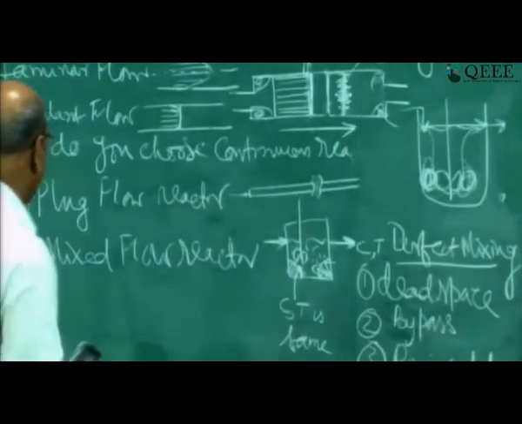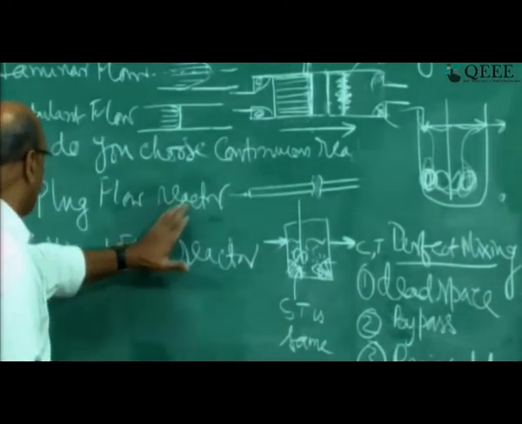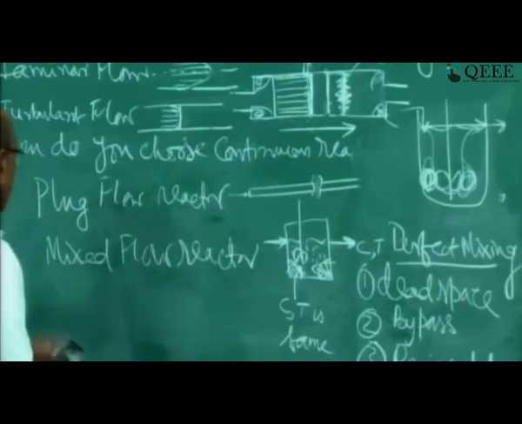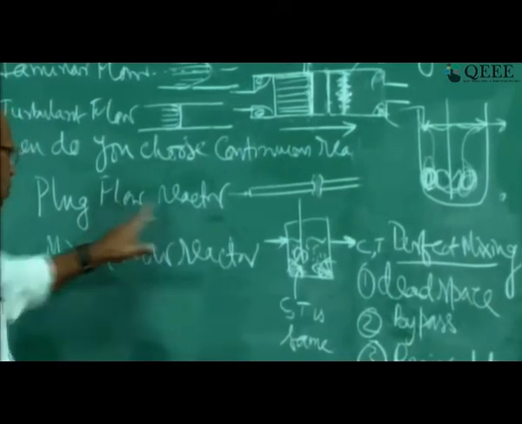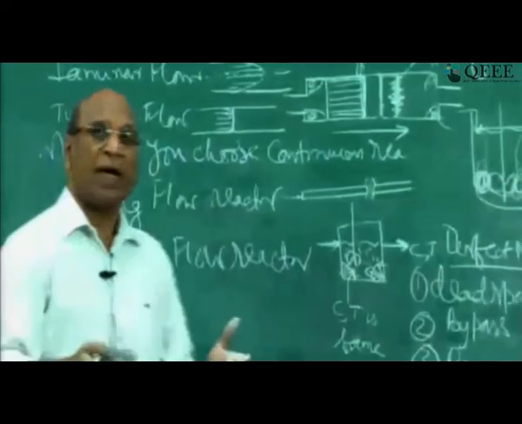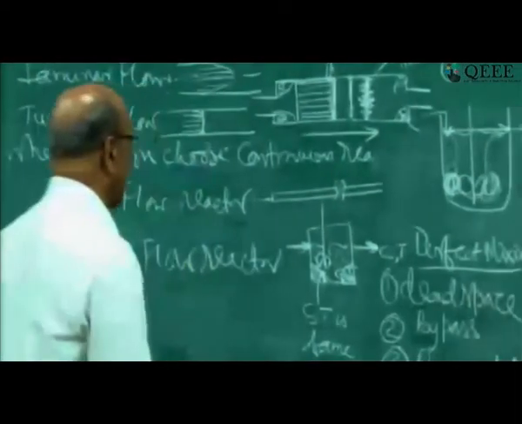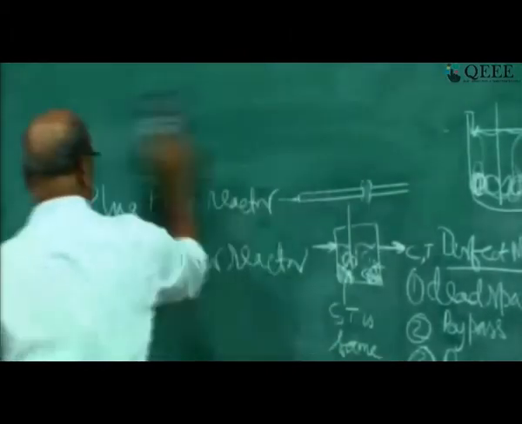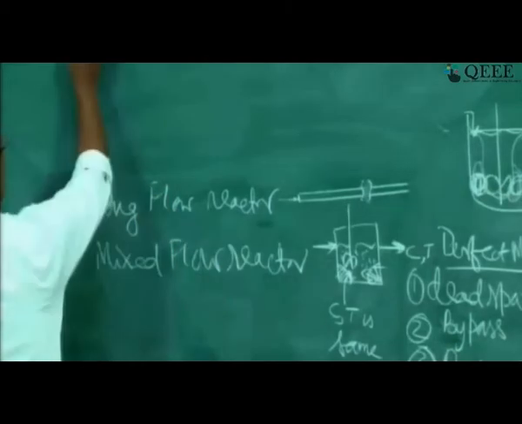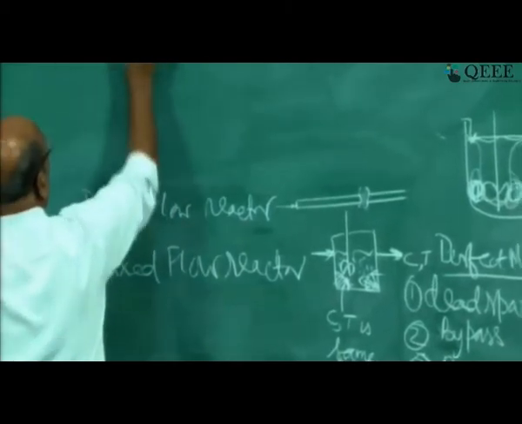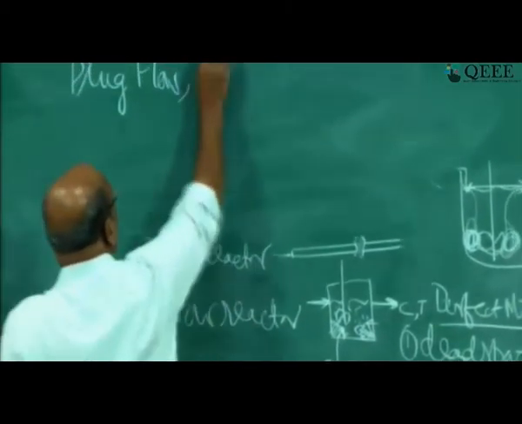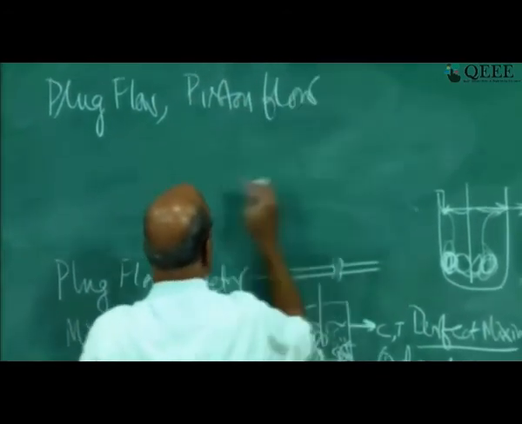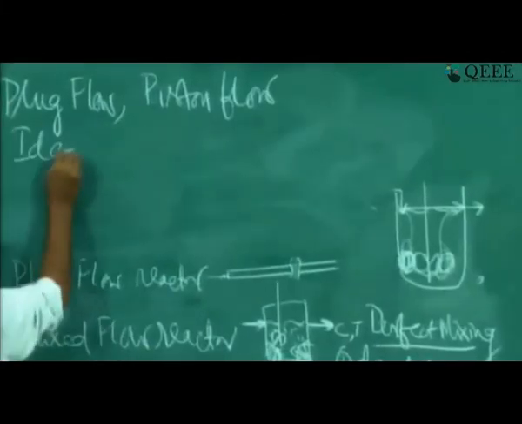Now, what are the names normally people use for plug flow reactor and mixed flow reactor? It is not only one name. Even though I have written only plug flow, different books may use different names. Of course, a batch reactor is a batch reactor only, you don't have any other name. Plug flow is one name. It is also called piston flow. It is also called ideal tubular reactor.